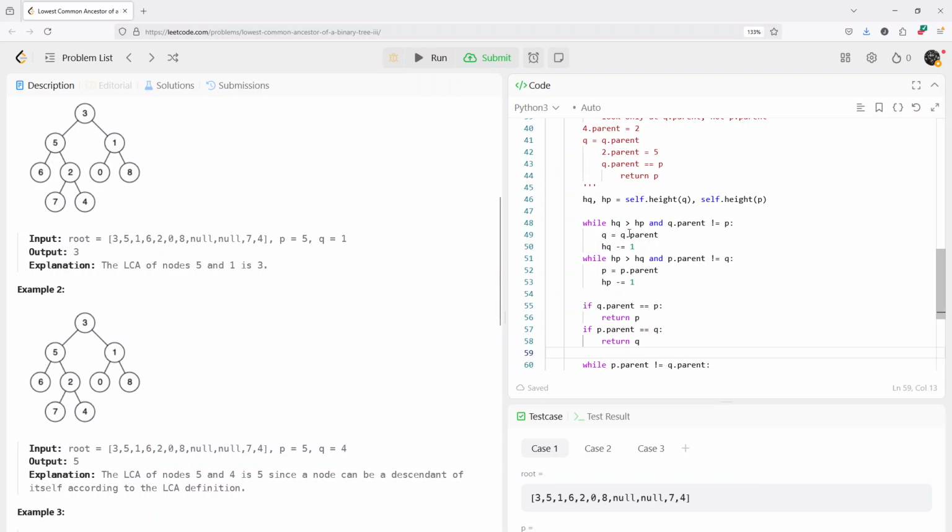or we could just get rid of this, in which case the height of Q is greater than height of P, so then you would set Q equals Q.parent, and now they're both at the 5, in which case you can skip this. And then comment out this.